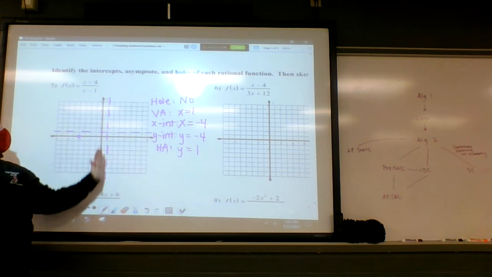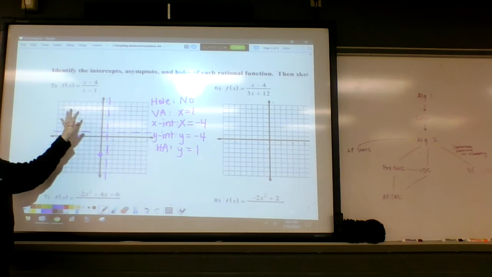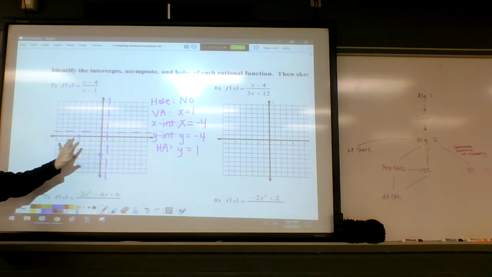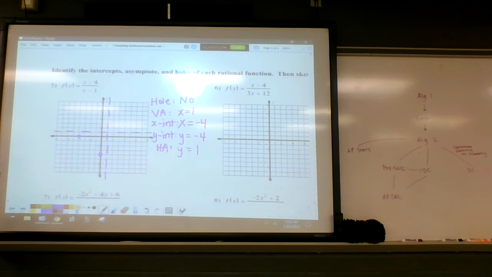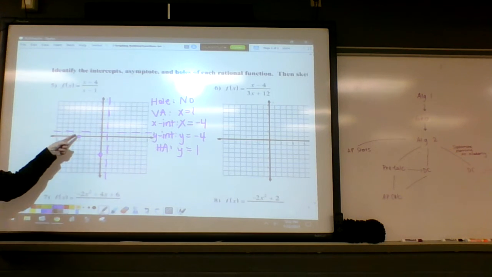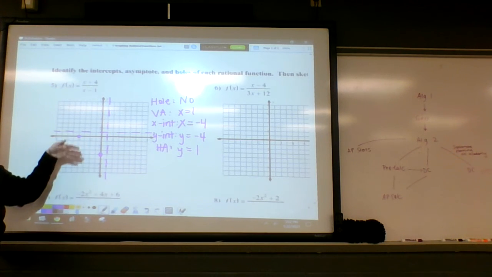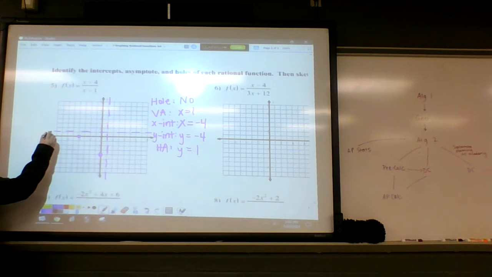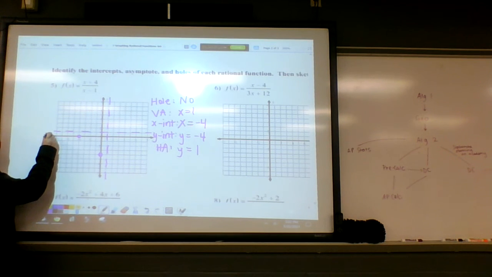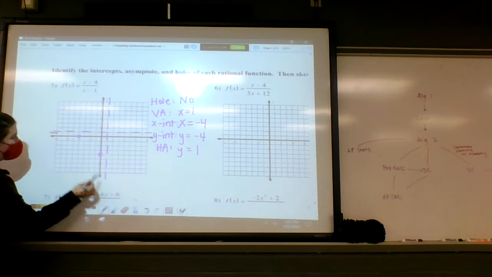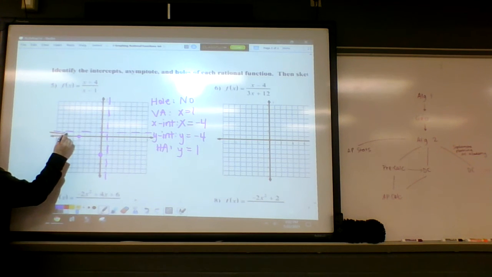On this side of your vertical asymptote, over here, is the graph in the top or in the bottom? It's in the bottom. How do we know it's in the bottom? Because it has to hit those 2 points. Does that make sense? It's got to go through these 2 intercepts, so it has to be down here. Which means that it's going to start below that horizontal asymptote, run along the horizontal asymptote, and then curve and hit the x and hit the y.